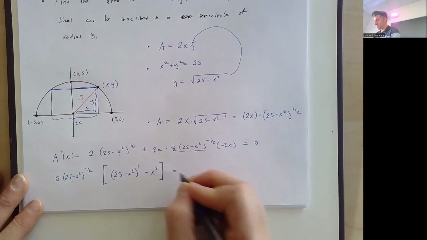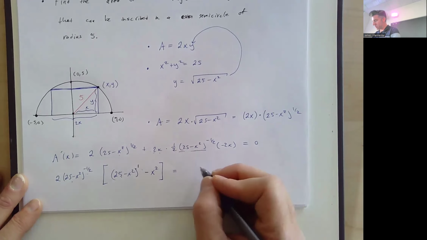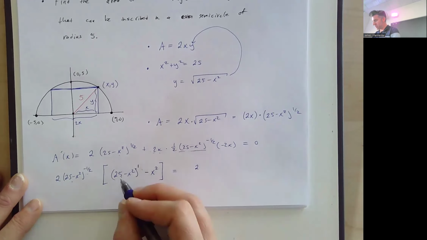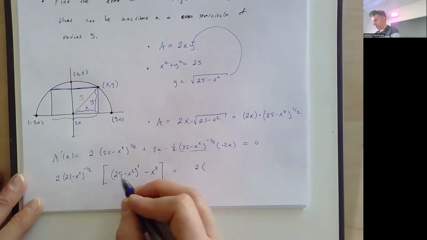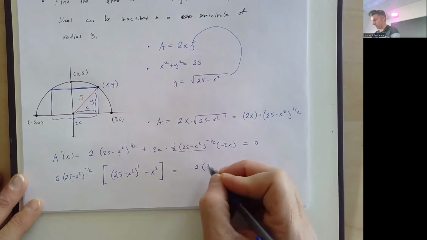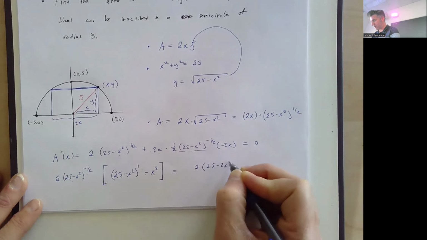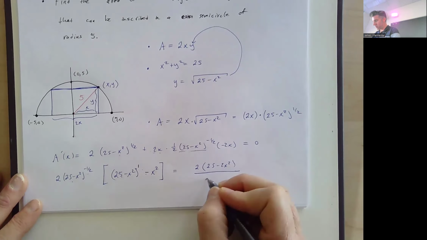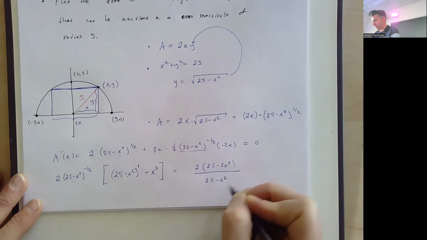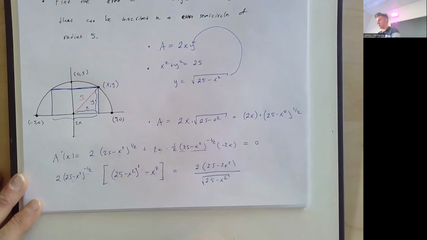Rewriting this, I'm going to write it as 2 times (25 minus x squared), which is 25 minus 2x squared, over (25 minus x squared) to the 1/2, or the square root of 25 minus x squared. Kind of terrible.